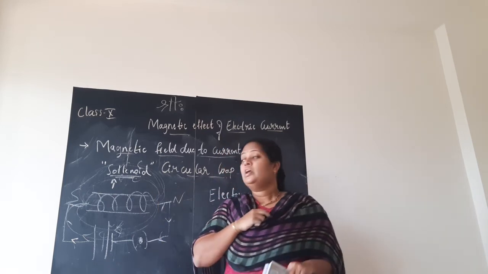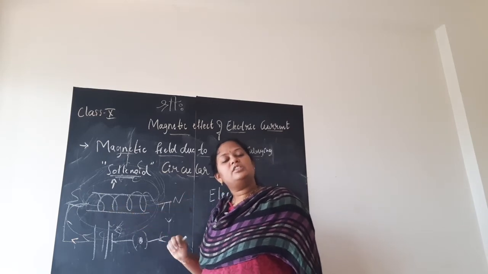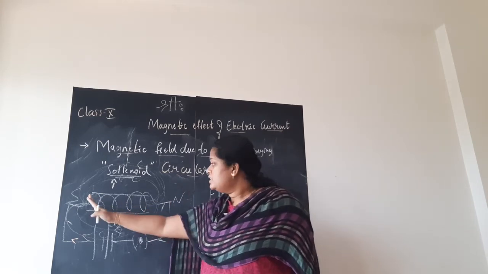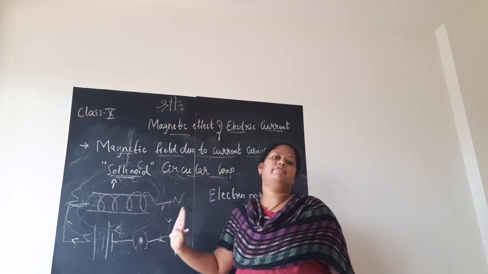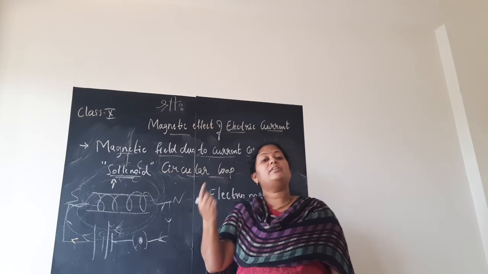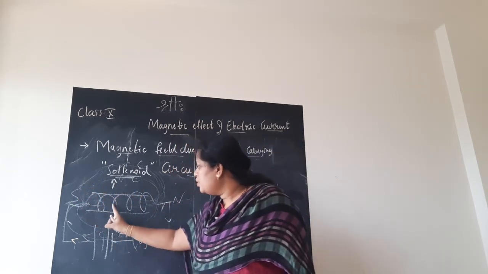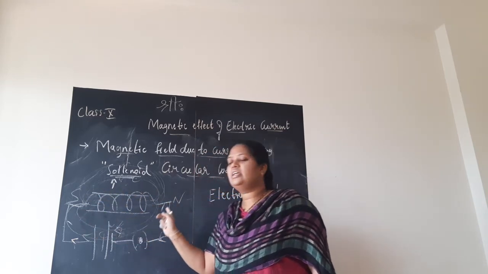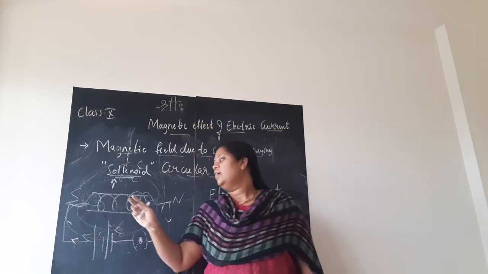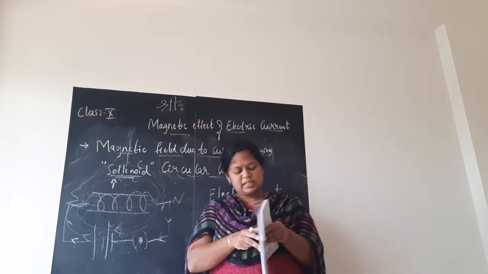But if we consider multiple loops like this, then what is its magnetic field strength? It is the sum of the first loop plus the second loop plus the third loop plus the fourth loop plus the fifth loop. The magnetic field strength adds up. It is the sum of the magnetic field produced by each loop, and that gives us the total magnetic strength of the material. That is what we understand by this.